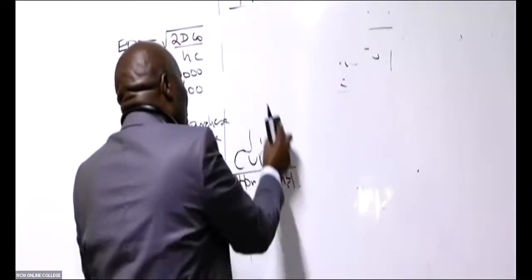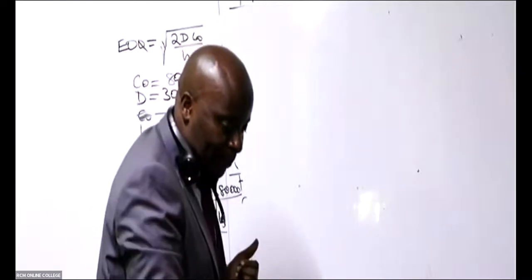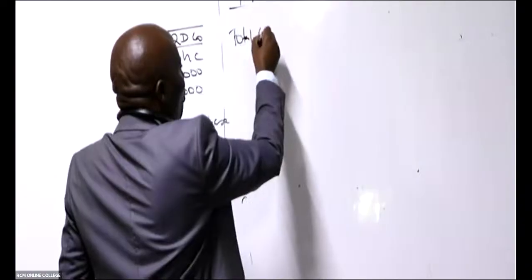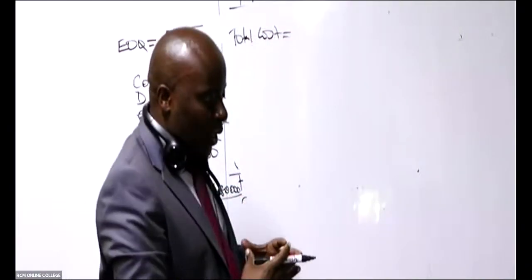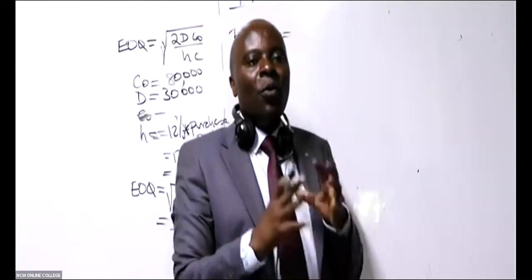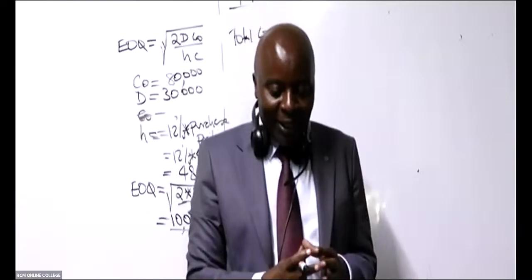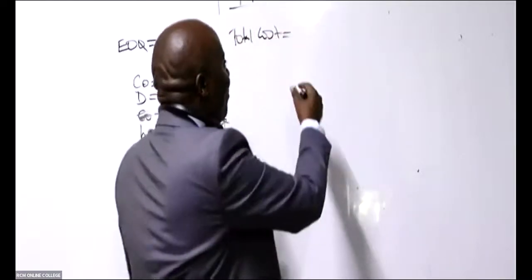Is there somebody who remembers the formula of getting total cost? I gave you a formula, and if you remember very well, we premised it on Mwai Kibaki's political party. You guys are young, you can't even remember the late Mwai Kibaki. This guy belonged to which political party? DP.